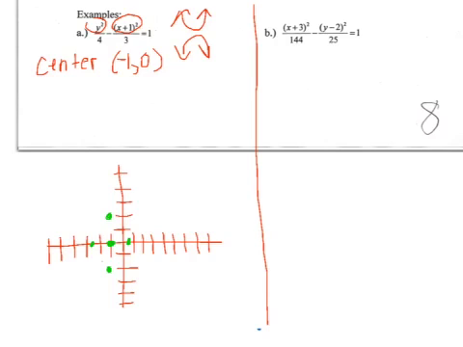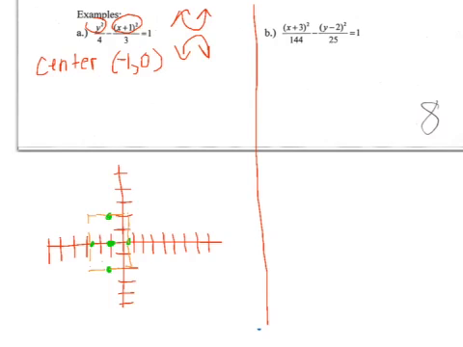1.7-ish. Okay? So now what we're going to do for the hyperbola is make a box around the points that we just drew. And this box is going to help us draw our asymptotes.